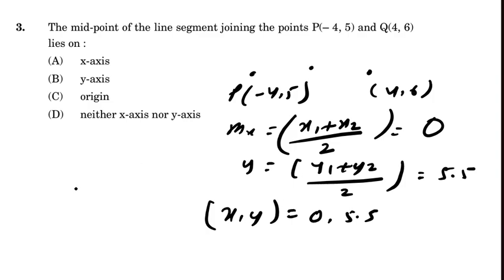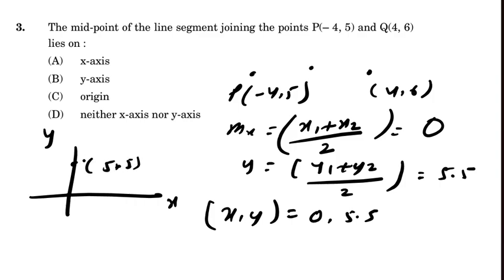We will denote this: let this be the x-axis and this the y-axis. Here x is 0 and y is 5.5. So in which axis is this lying? Obviously we can see that it is on the y-axis.